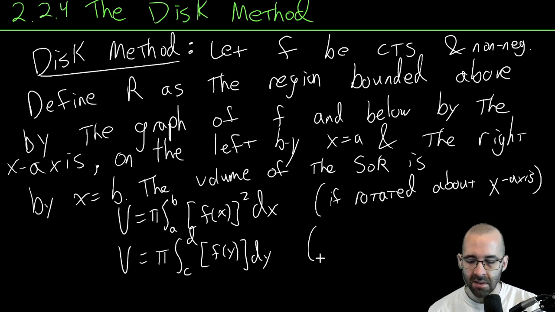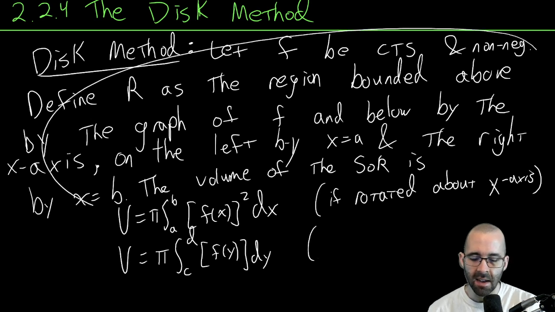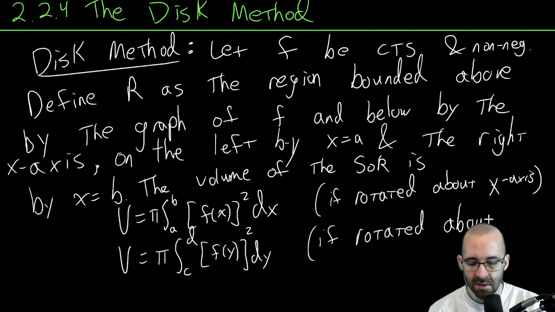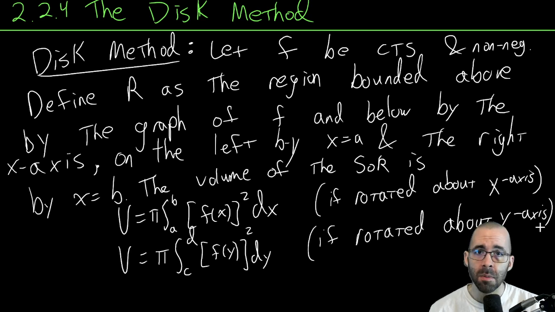It really should have a different setup if it's about the y-axis, but the idea really is exactly the same. So if revolved about the y-axis, you just set it up in terms of y instead. So we're going to do some problems, see this in action. But again, nothing is new here. Just a formalized method for those of you who want it.